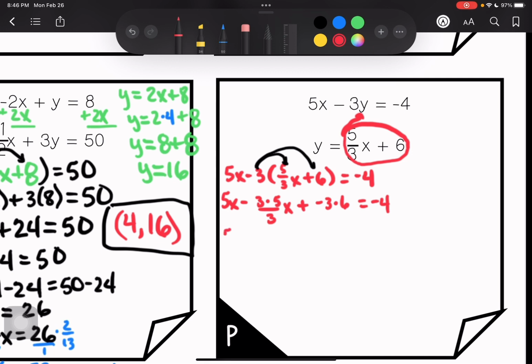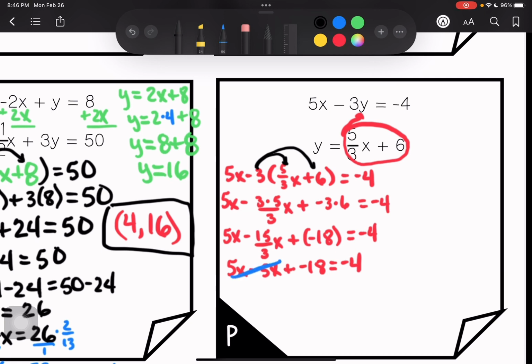So that gives me 5x minus 15/3 x plus negative 18 equals negative 4. When we simplify this, this gives me 5x minus 5x plus negative 18 equals negative 4. This cancels because 5x minus 5x is 0, and I'm left with negative 18 equals negative 4. This is a false statement, therefore there is no solution.